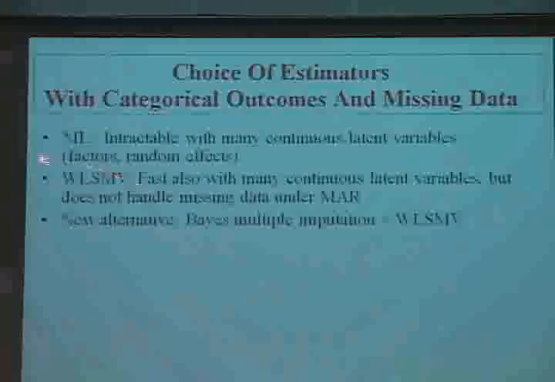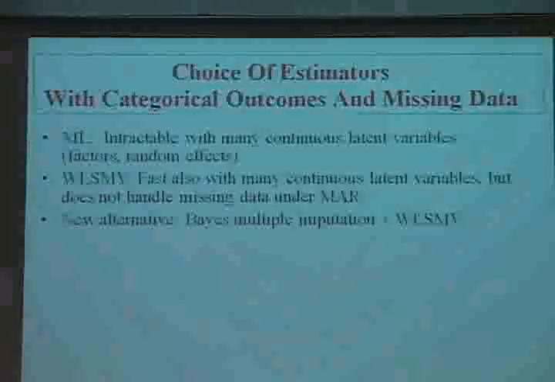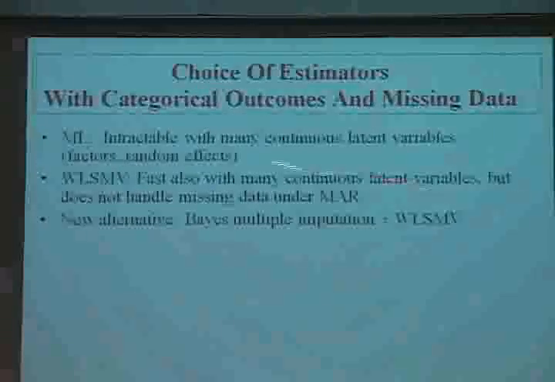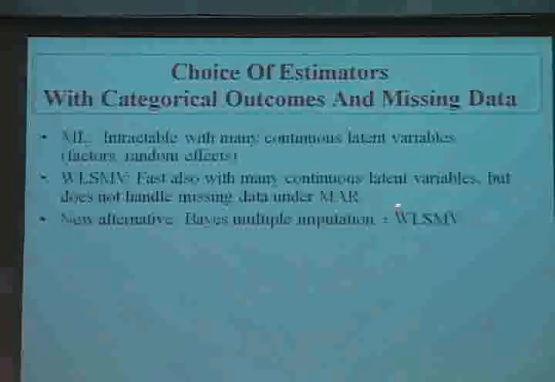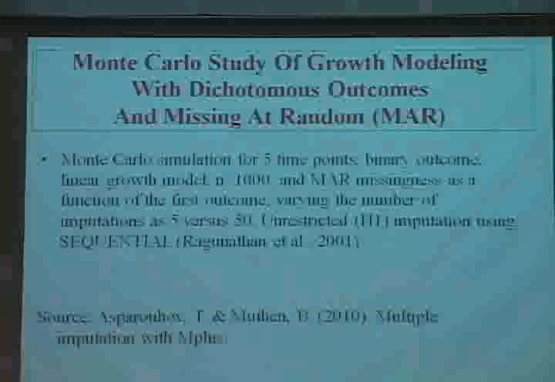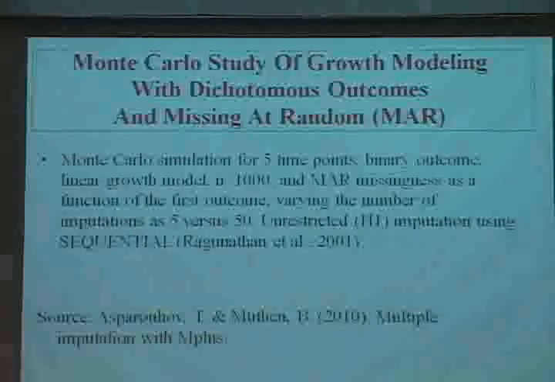So the only one that's feasible is weighted least squares, except weighted least squares cannot handle missing at random very well. So now we have a new good alternative, which is multiple imputation followed by weighted least squares. And a very simple example to convince you of that, we conduct a simulation study.